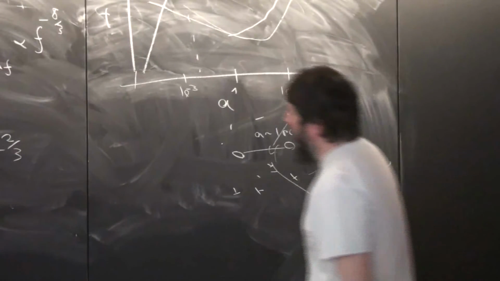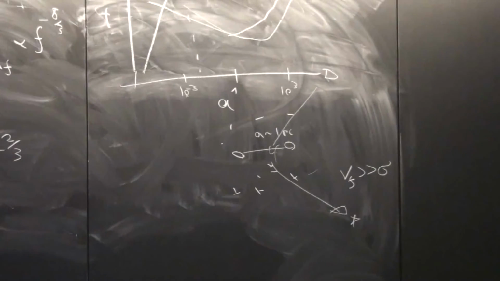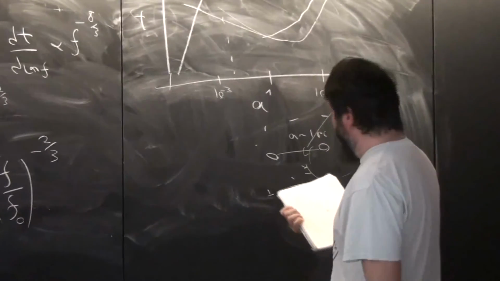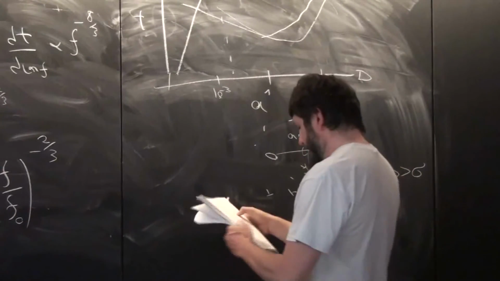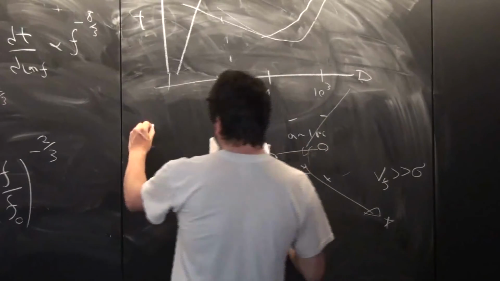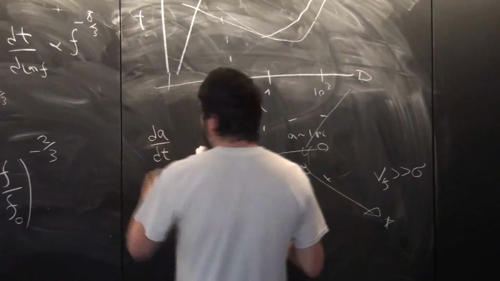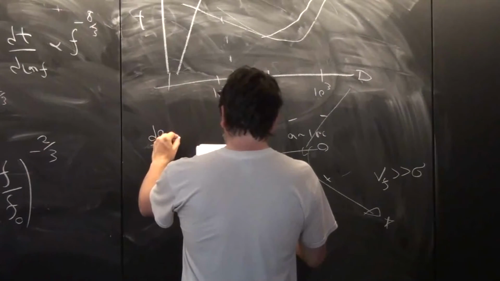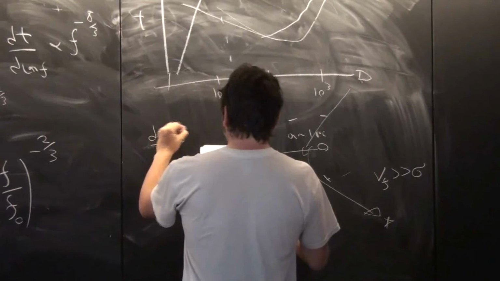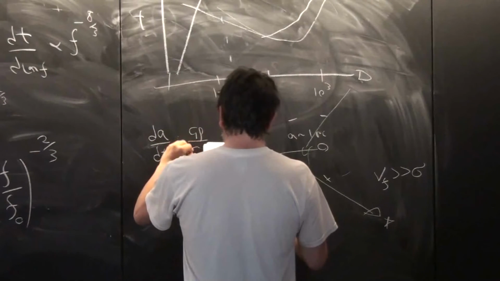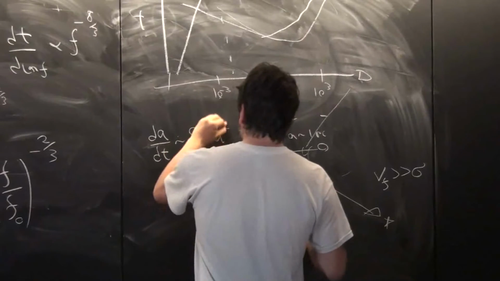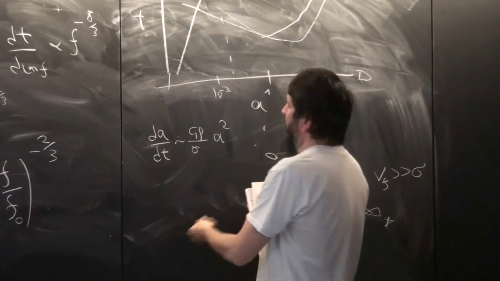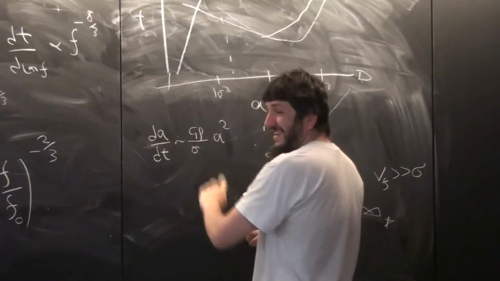Okay? Now, if you do all the math that I'm not going to do, you find that this process causes a shrinking of the binary which is of the order of this.